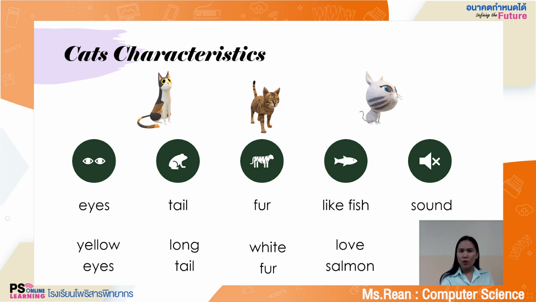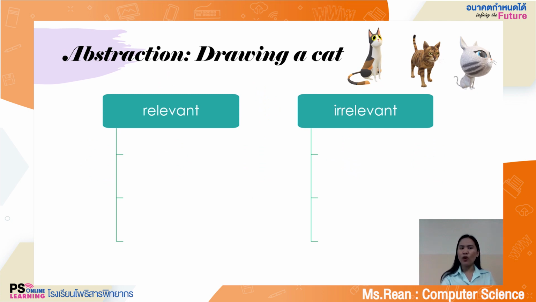Look at these characteristics, and then in order to use abstraction, consider what we need and don't need in order to draw a cat. Relevant means the characteristics that we need to draw a cat. Irrelevant are the characteristics that we don't need. So abstraction: focus on what you need, ignore what you don't need.